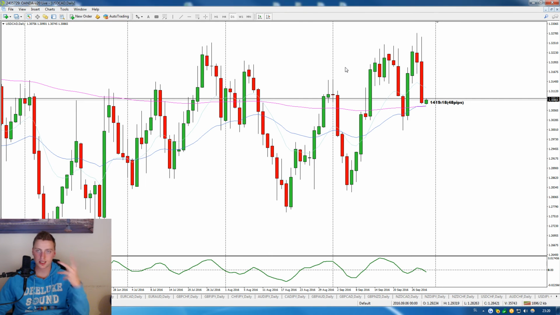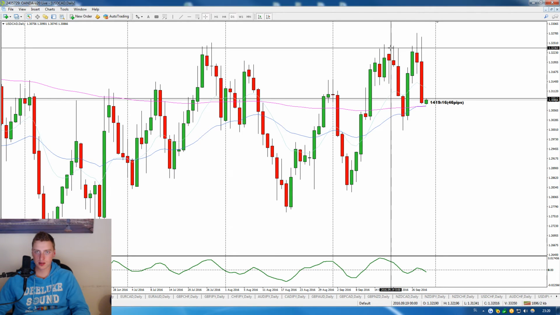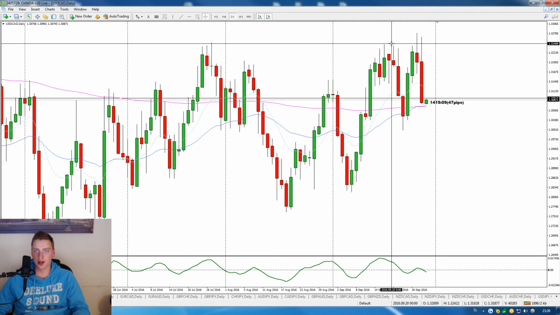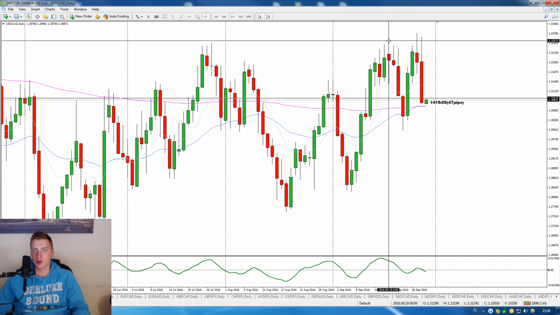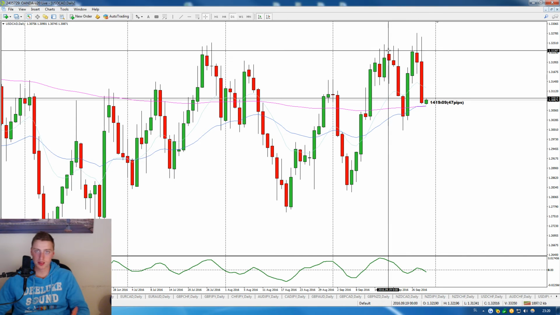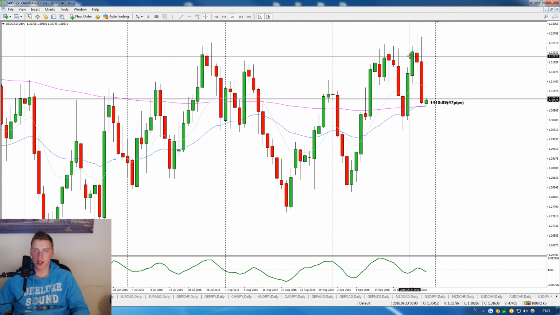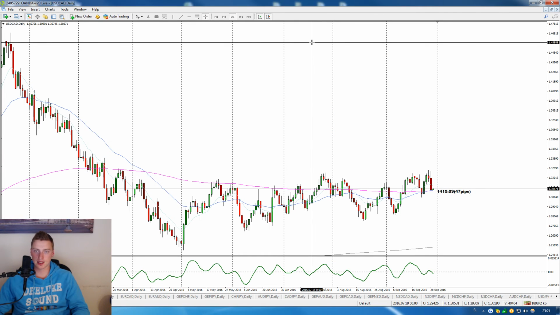USD CAD. I was actually stopped out 2 days ago. I was shorting on that bearish pin bar, and unluckily I was stopped out for just around 15 pips. It happens. And now we've got a pretty bearish candle pattern, but it's kind of too big.